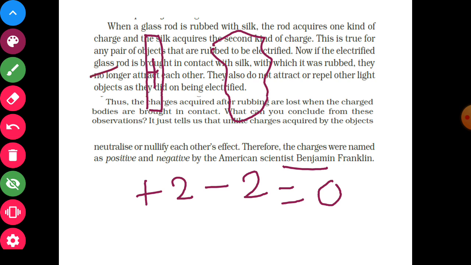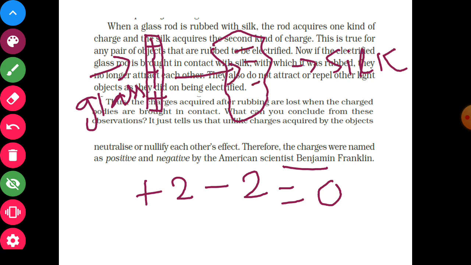So one object must have positive charge and the other negative. Say this is your glass rod and this is your silk cloth. Say the glass rod is losing electrons when the silk cloth is rubbed with it, then the glass rod becomes positively charged and the silk is receiving electrons, so it becomes negatively charged.